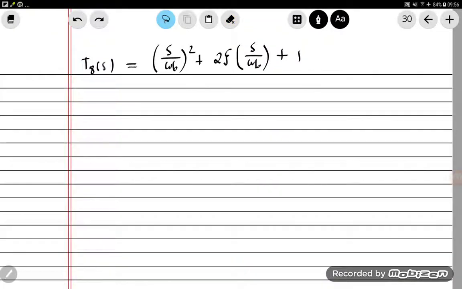Just like in the previous case, we can rewrite this as 1 over 1 over ((s over omega b) squared plus 2 zeta s over omega b plus 1).